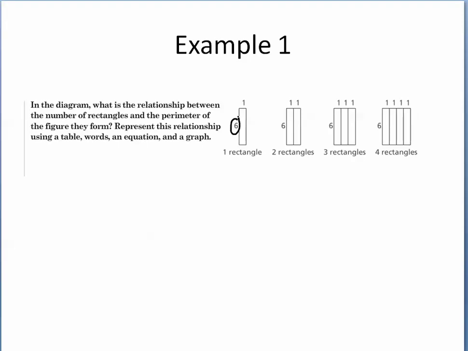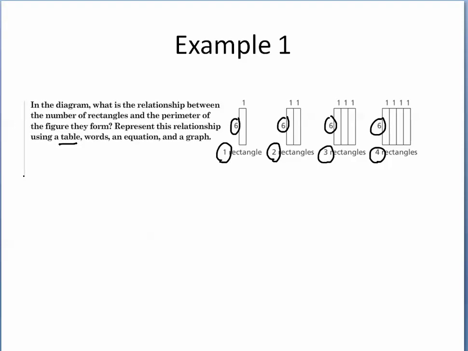So 6 is always the same. Then the number of rectangles also changes. We have the number of rectangles, and as we go up with rectangles, we're looking at what happens with the perimeter. So we're going to start by looking at this in a table.